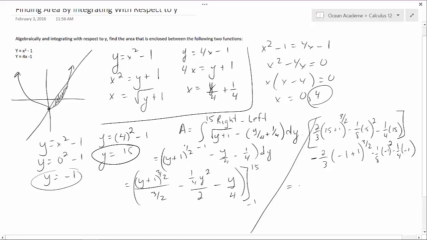And this works out to be 128 over 3 minus 225 over 8 minus 15 over 4 minus 1/8 plus 1/4. And figuring this all out, we get a value of 32 over 3.